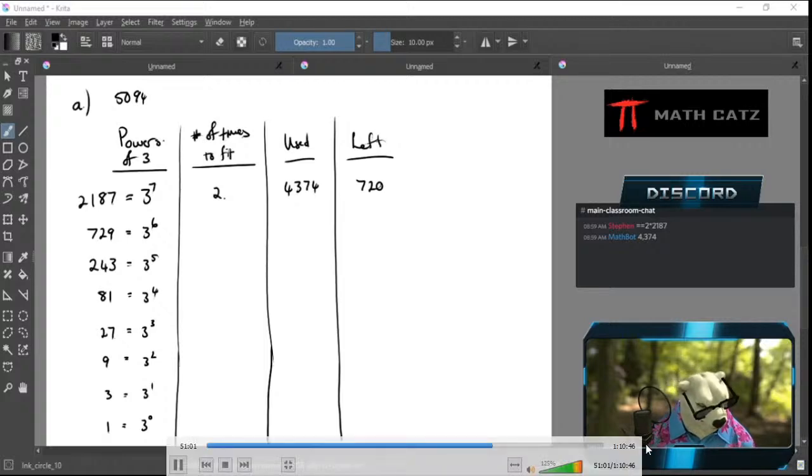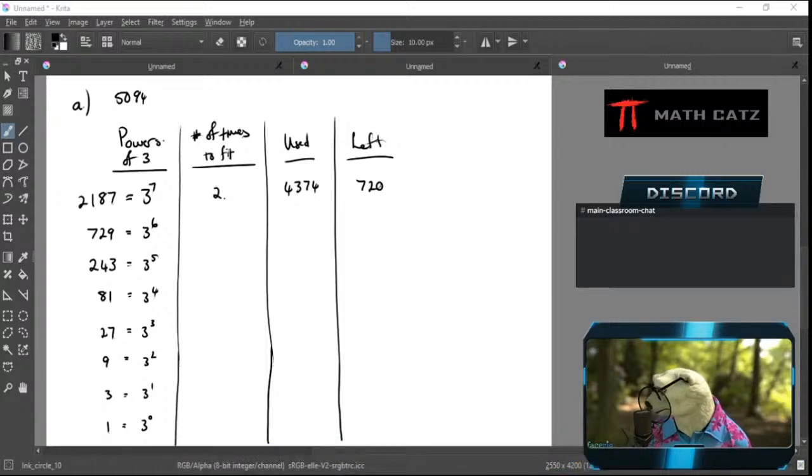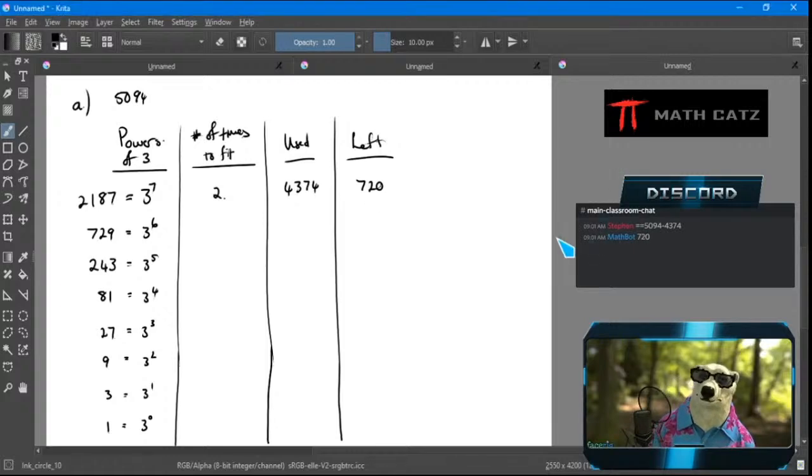Discord is acting really weird. 5094 minus 4374. Okay, seems to be okay. And it's the 720 that I thought. Sometimes I type in the chat and it zooms in and out. I don't know why.